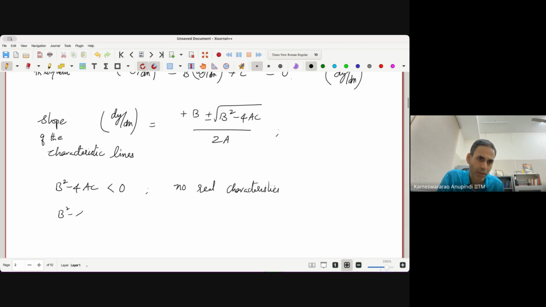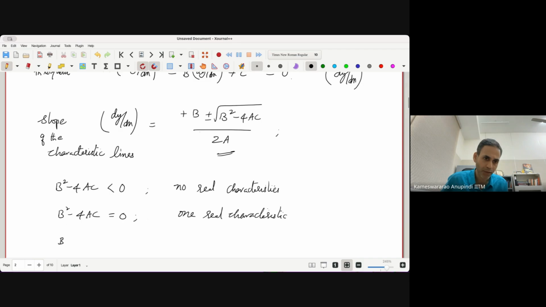Similarly, if b square minus 4ac is equal to 0, then we have one real characteristic, and the slope of which is given by this expression. That means you can have characteristics, but both characteristics will have the same slope, so they are going to fall one on top of the other.